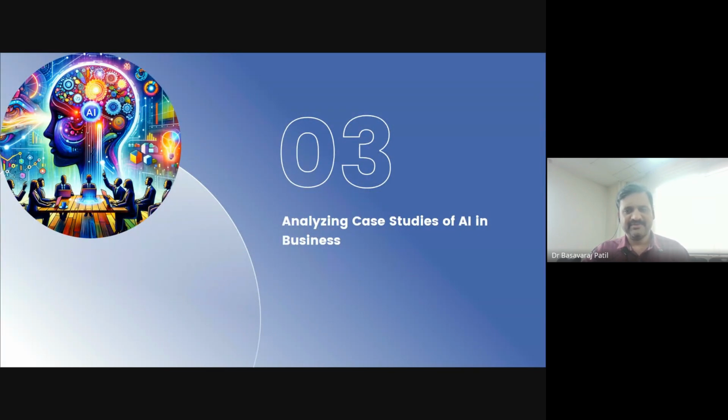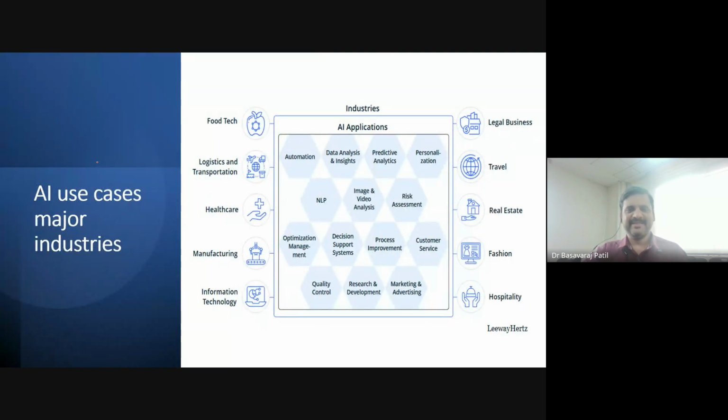So coming to some of the case studies with some statistics and data, there are a lot of industries like food technology, logistics, healthcare, manufacturing, business, travel, or fashion. In every different AI based industry, they are integrating applications for automation, analysis, predictions, processing, decision making, research management, quality control and marketing.